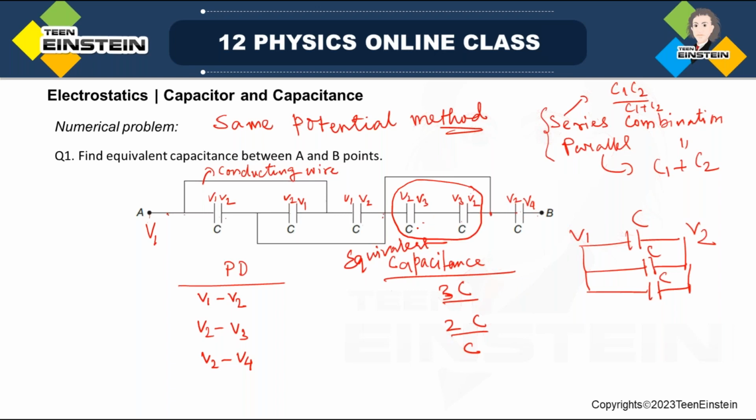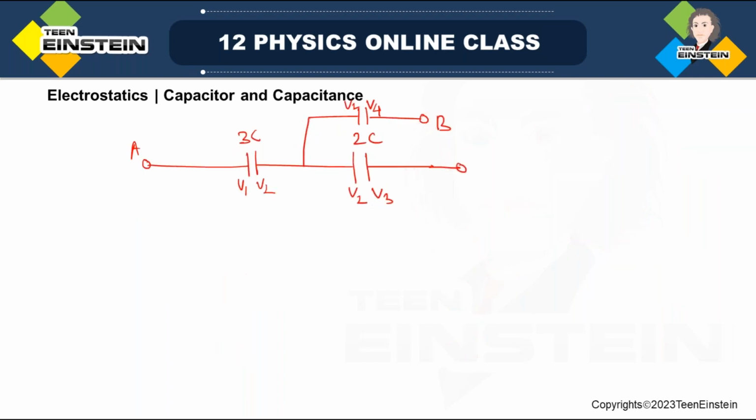So these are 2C, V2, V3, right? V2 minus V3. So I'm writing here. This is V2, so V2 minus V3 from here. There will be two parallel branches, V2, V3. But these are not directly connected. This branch is actually not going to B, right?